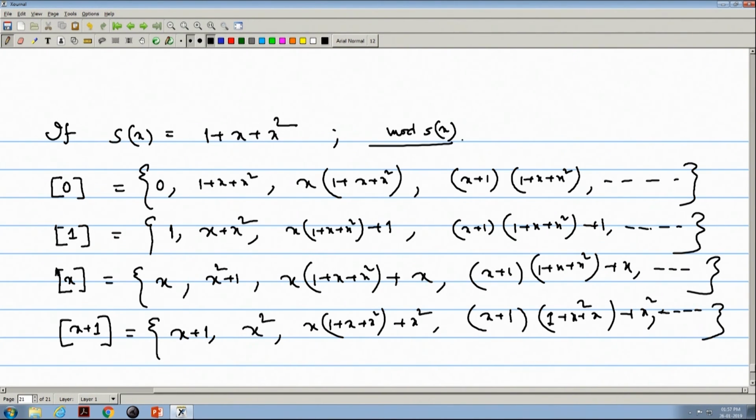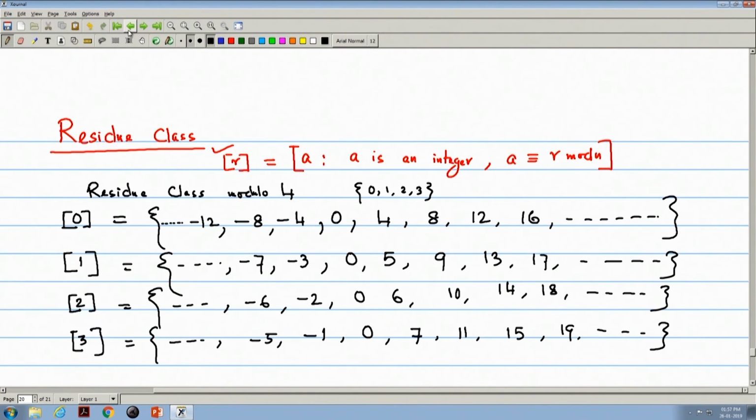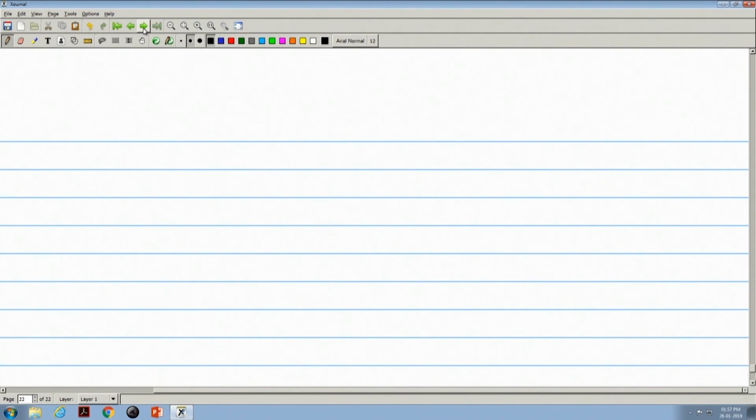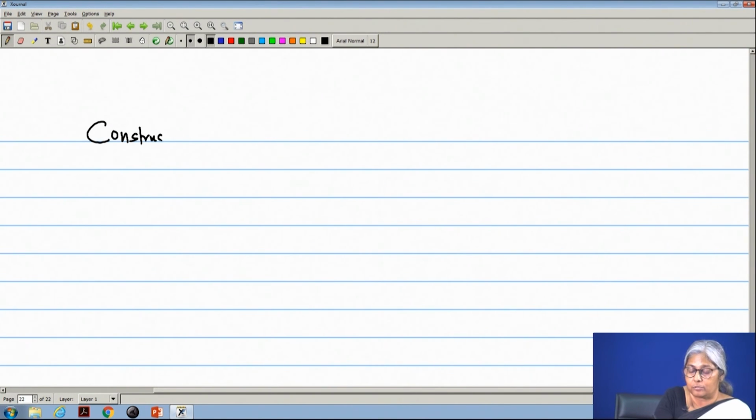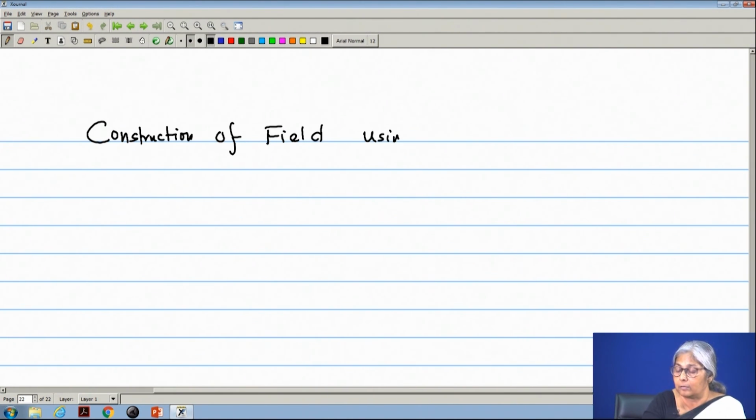In this lecture, we have seen how we can form a finite field. Normal modular arithmetic is not a field, but using modular polynomial arithmetic it forms a field. So in this lecture we mainly considered the construction of a field using modular polynomial arithmetic.